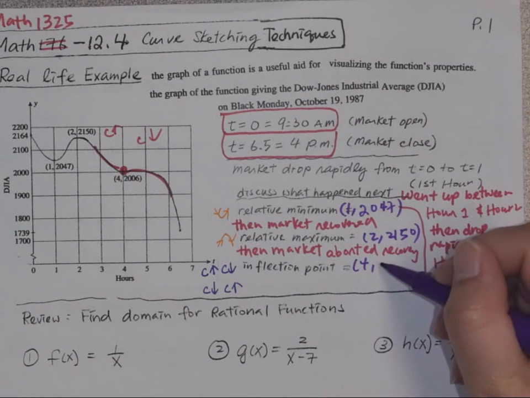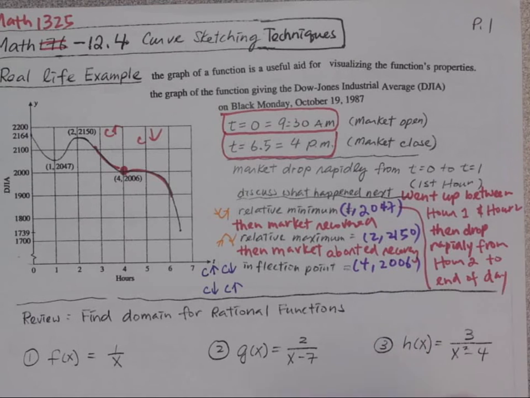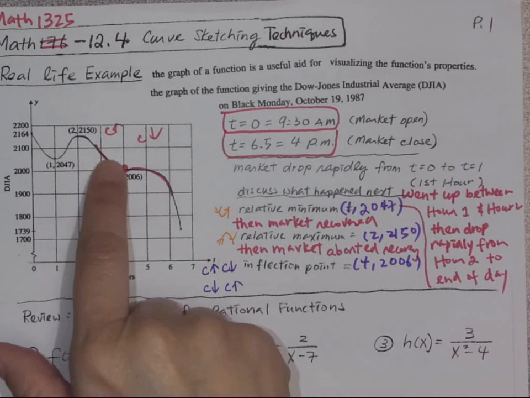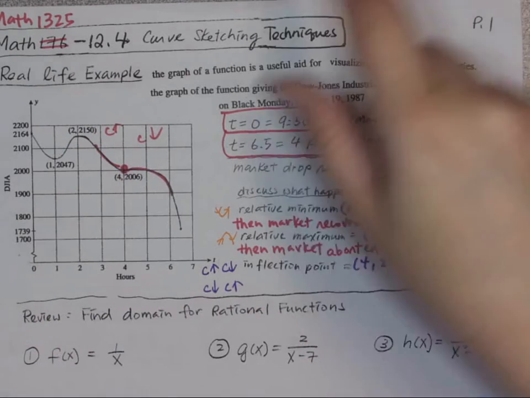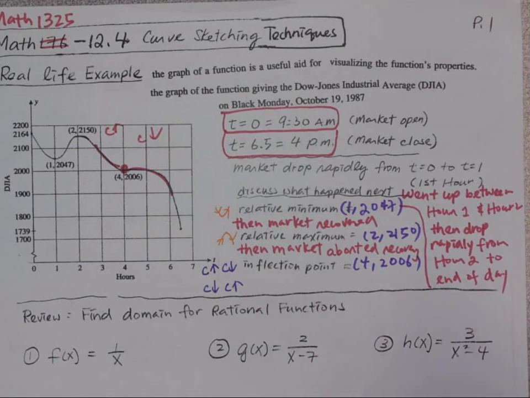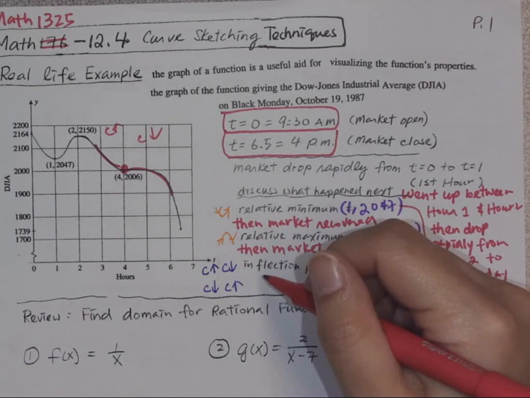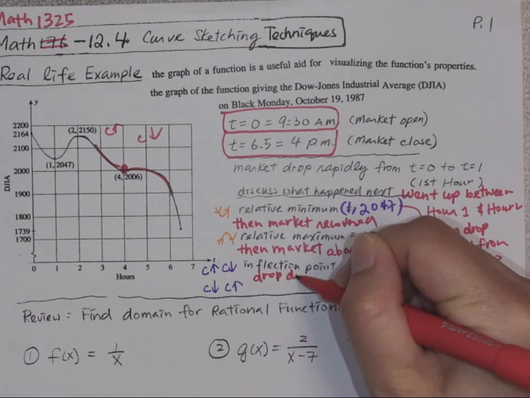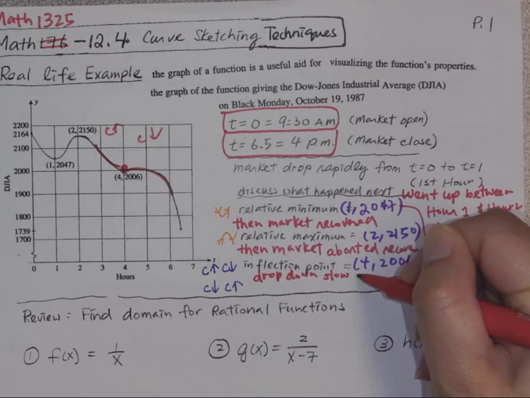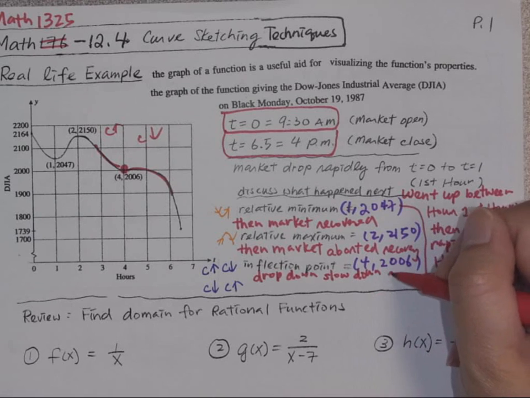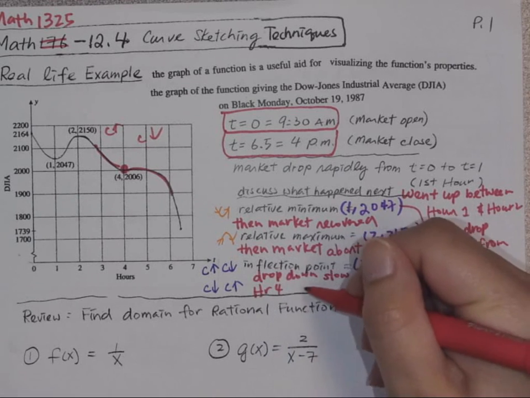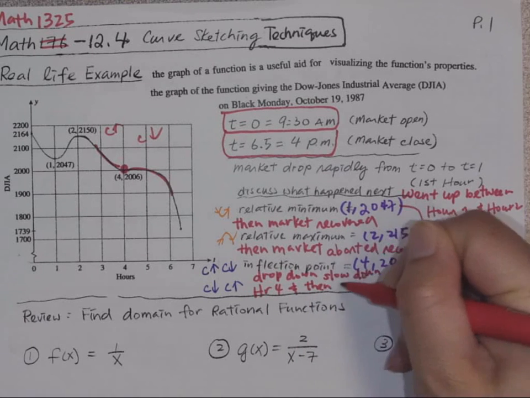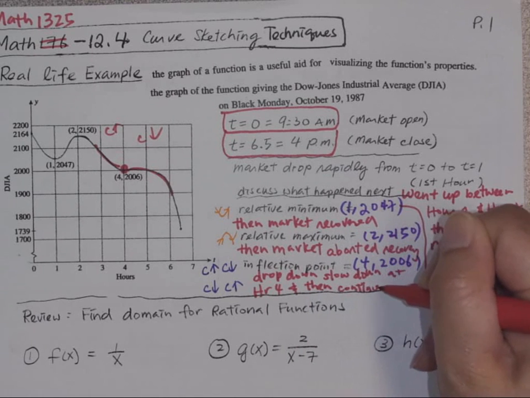Which is hour 4 and 2006. So the drop slowed down at hour 4 and then continued to drop, right? Even though it's dropping more rapidly, it slowed down a little bit. So we can say the drop slowed down at hour 4 and then continued to drop.